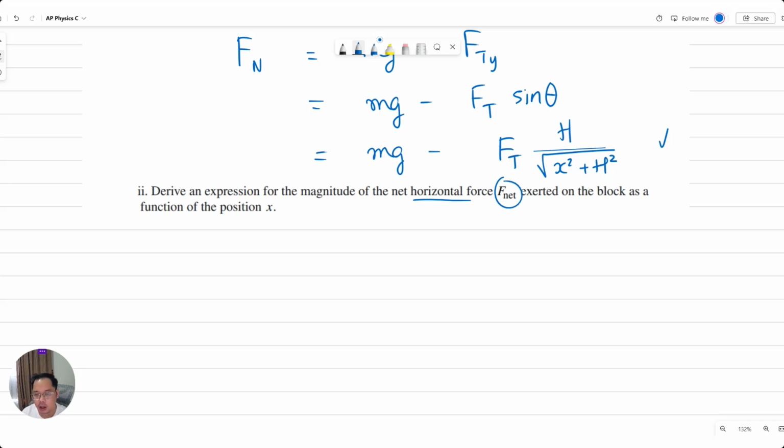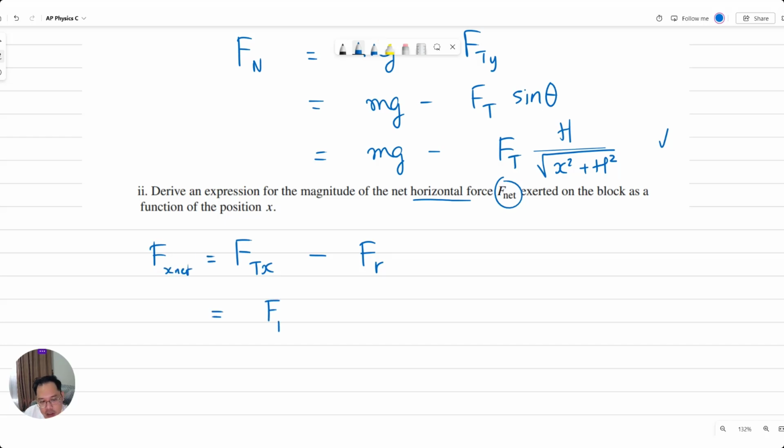Only the horizontal component, which means the component of the tension in the x direction going to the left, and we need to subtract from it the frictional force opposing the motion of the object going to the right. This is the net horizontal component Fx net.